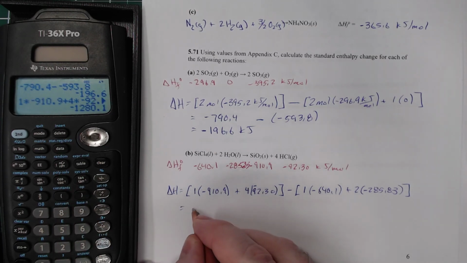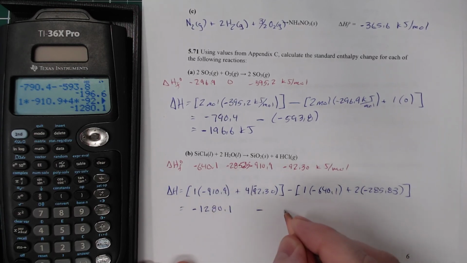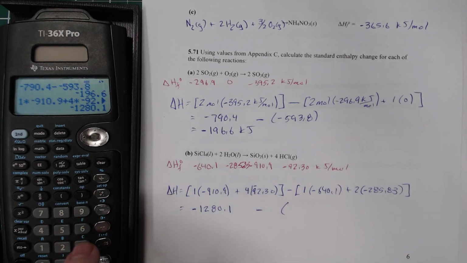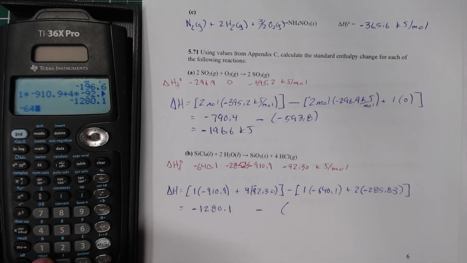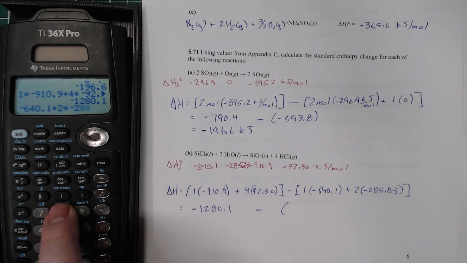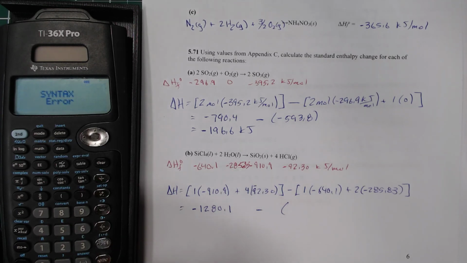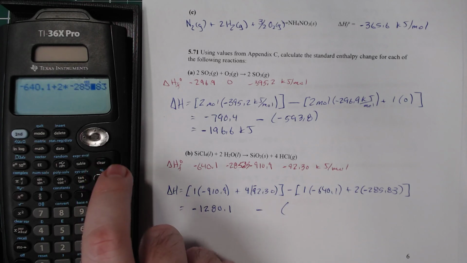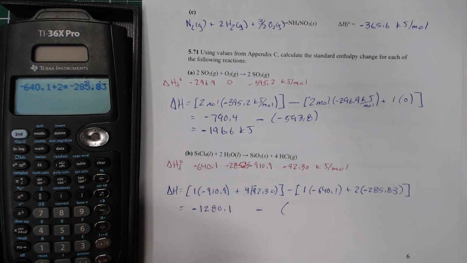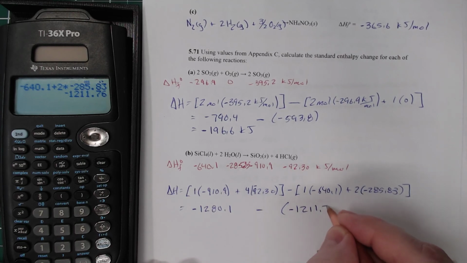All right, so that part is negative 1280.1. So minus, and then we have negative 640.1, and that's times 1, plus 2 times negative 285.83. And that is negative 1211.76.